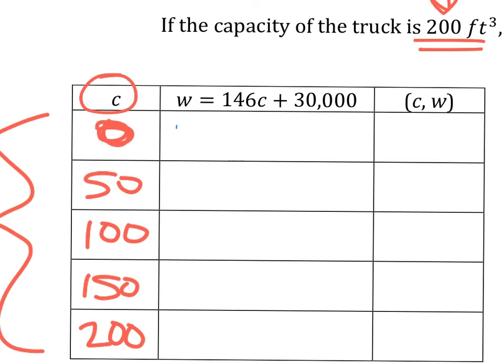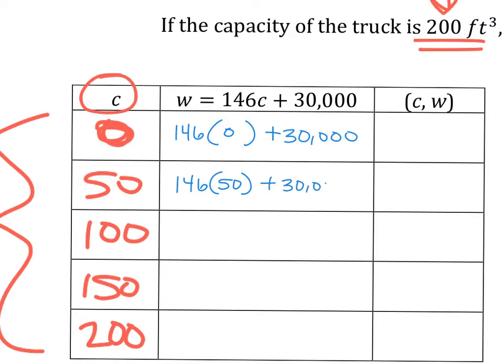So here's what you would do. You would do 146 times what? Times 0 for this first one, so 146 times 0 plus 30,000. Then you would do 146 times 50 plus 30,000. Then 146 times 100 plus 30,000.